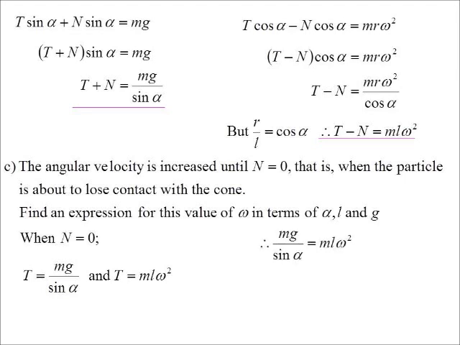I'm trying to find angular velocity, so I want to make omega the subject of all this. So omega squared will be g on L sine alpha. So that angular velocity is the square root of g on L sine alpha. They've said to do it in terms of alpha, L, g, so fine. I've got it in terms of what they want. I don't have to do any more substitution. I've got the answer that they were looking for.